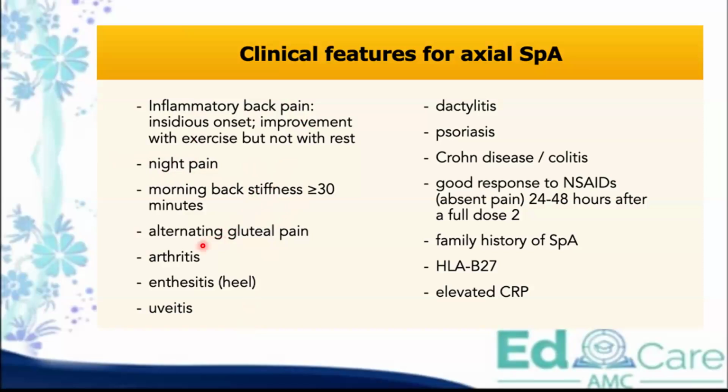Alternating gluteal pains, arthritis, enthesitis, especially where the tendon joins near the heel. And there are some extra-articular manifestations as well. Dactylitis, psoriasis can be associated, Crohn's disease, and they respond well to NSAIDs, right? Family history, because HLA-B27 is a genetic thing, right?